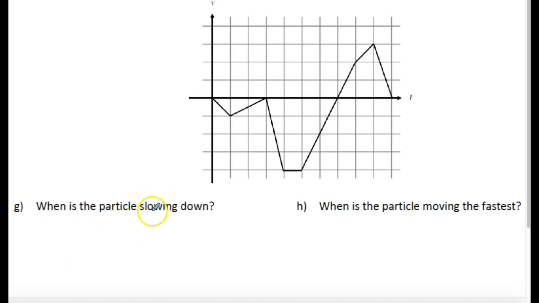All right. So now particle slowing down is just the exact opposite of that. The particle is slowing down when velocity and acceleration have opposite signs. So that would be here, here, and here. Or we can say when our velocity is getting closer to 0. So from 1 to 3.